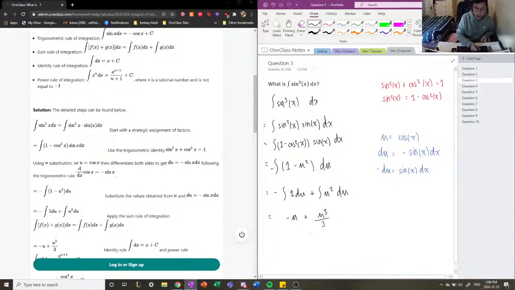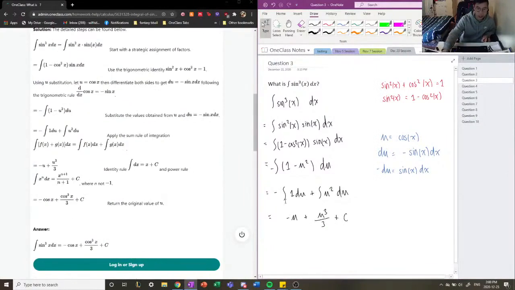And this is our antiderivative. Don't forget to include the constant c here, because we always have to assume that there's a constant involved. This is the indefinite integral: negative u plus u cubed divided by 3 plus c, in terms of u. Now that we have solved the integral, all we need to do is sub back in our original function, which is cos x.